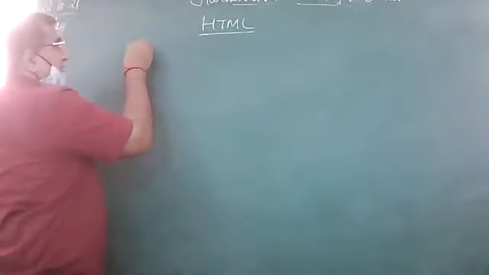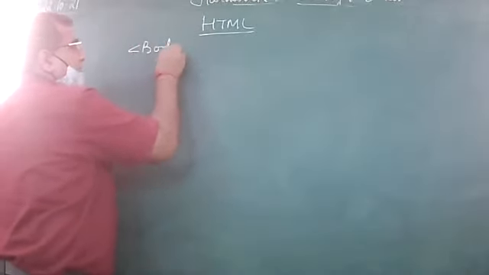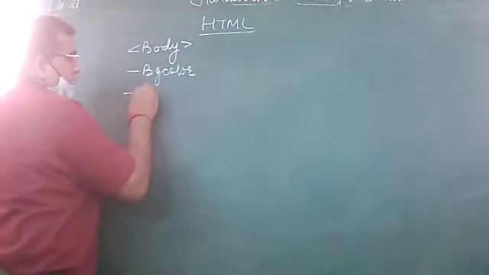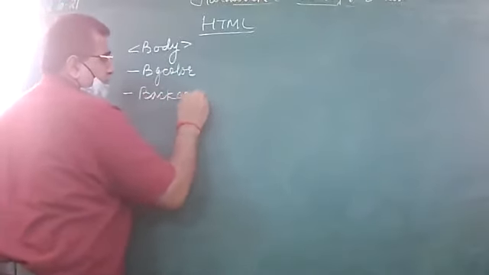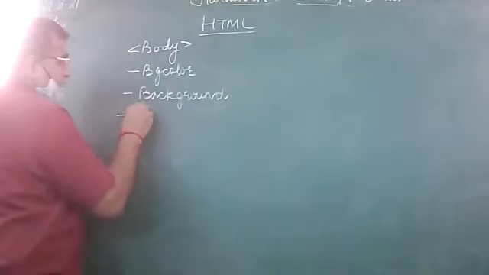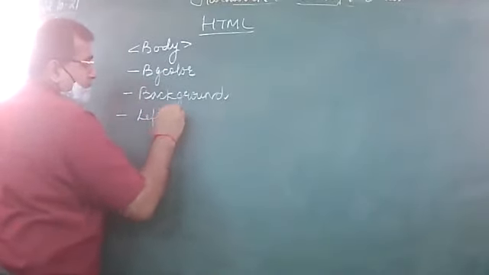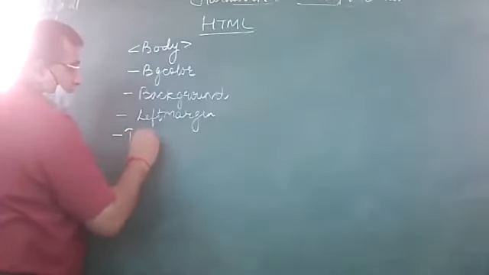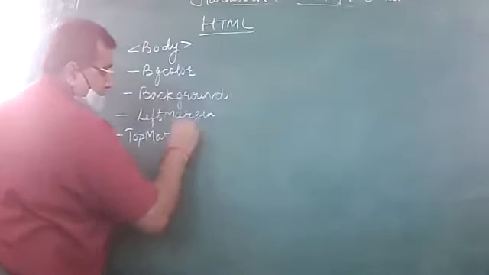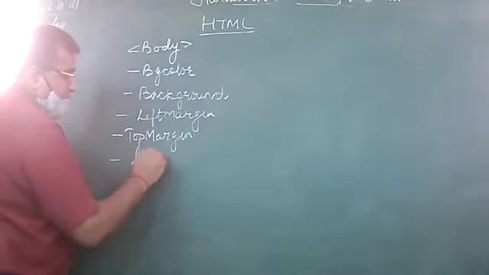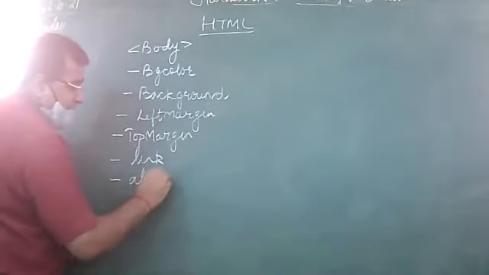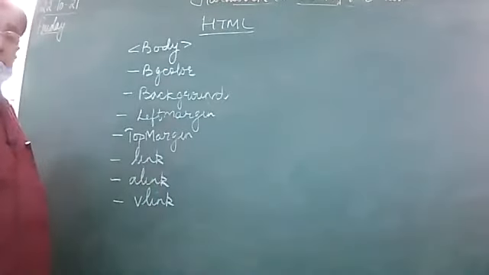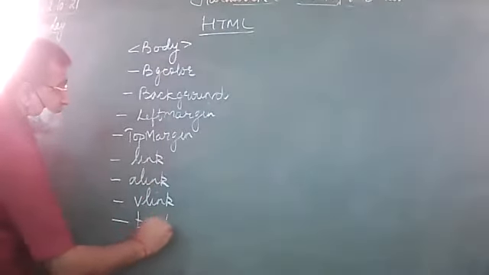So first of all, let us revise the attributes of the body tag. We have BG color, background, left margin, top margin, link, A link, V link, and text.